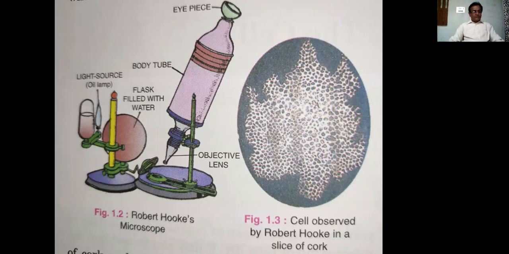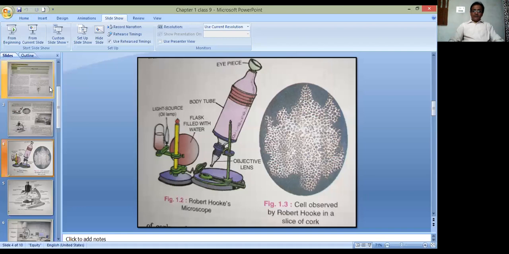A number of cytologists contributed a lot, but the microscope started its journey with the discovery of lenses by A.V. Leeuwenhoek, Antony von Leeuwenhoek.